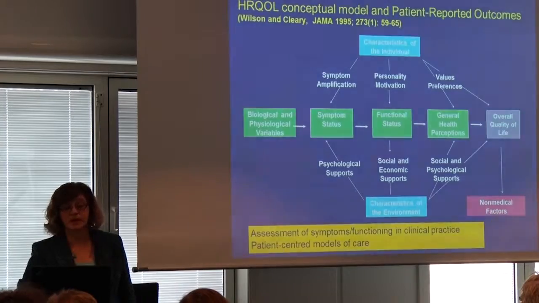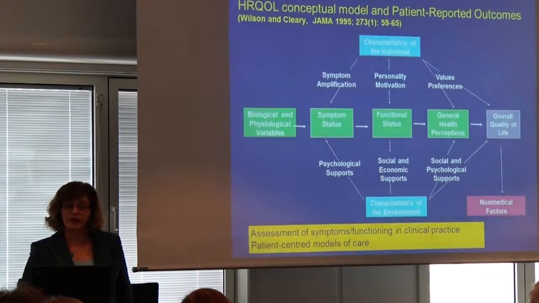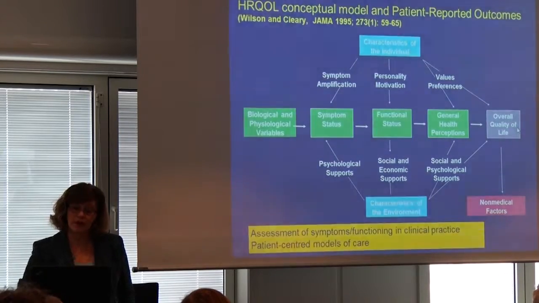Then these symptoms can have impact on functional status if we move rightways, and this can have impact on whether the person perceives themselves as being ill or not, and how that impacts on their overall quality of life.